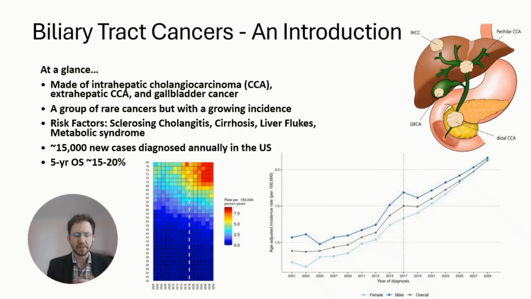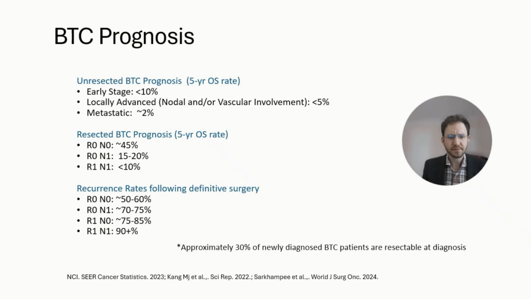In the US, we see about 15,000 new cases diagnosed annually, and the overall survival at 5 years is just on average 15 to 20%. When diagnosed, a little less than a third of these patients are resectable.